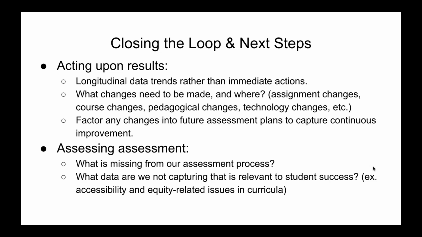But if we were to push that data through a demographic lens, we may find that certain demographics of students are more likely to achieve a 3 and 4 than others. And so that points to accessibility or equity related issues. And so we can have those conversations about why are certain demographics of students achieving this level when others are not? And how can we use that awareness to address our curriculum for the following year?